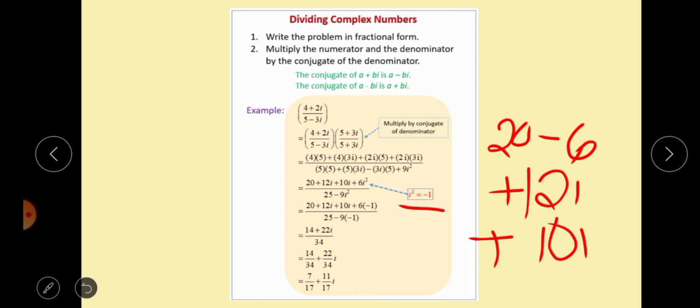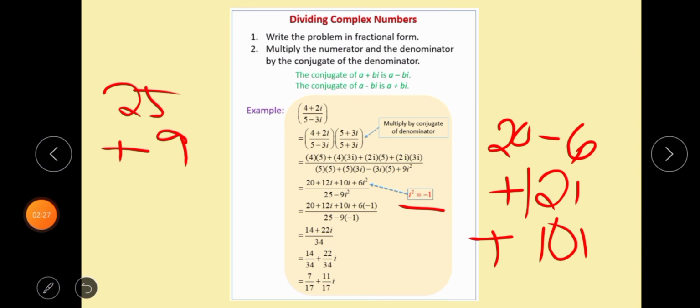So 20 minus 6 is equal to 14, and 12i plus 10i is equal to 22i, over 34. Because 25 minus 9 times negative 1: negative 9 times negative 1 is equal to positive 9. So 25 plus 9 is equal to 34. So 14 over 34 plus 22 over 34 i.